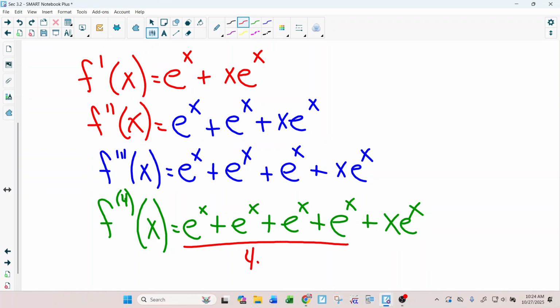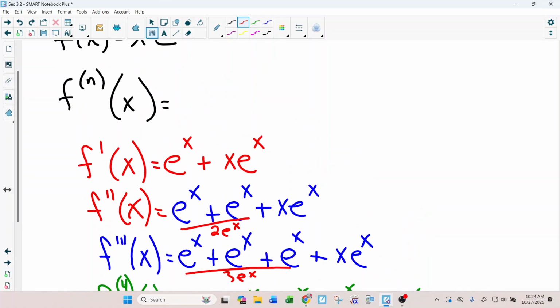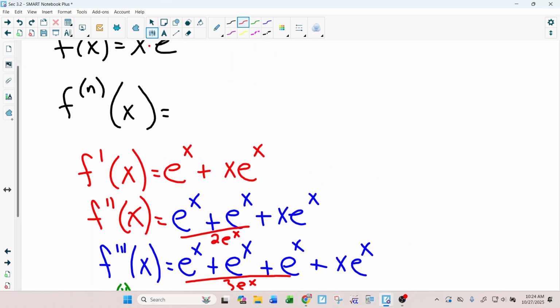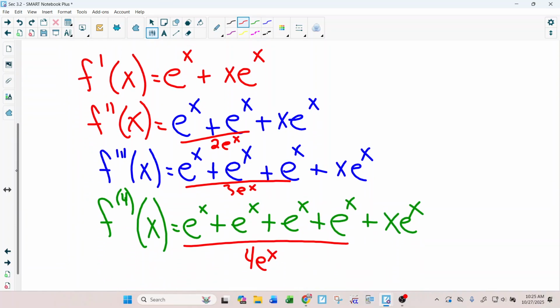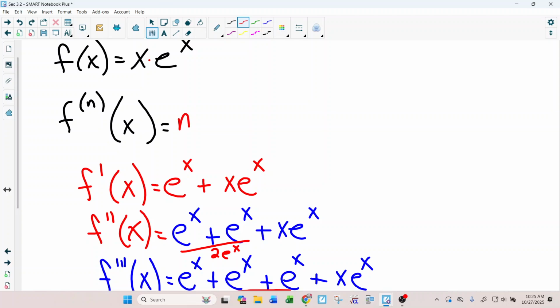So that is 4 e to the x. For the third derivative, there is 3 e to the x. For the second derivative, there is 2 e to the x. So what would our formula be for the nth derivative? How many e to the x's would we have in the front? n. So we get n times e to the x plus x e to the x.